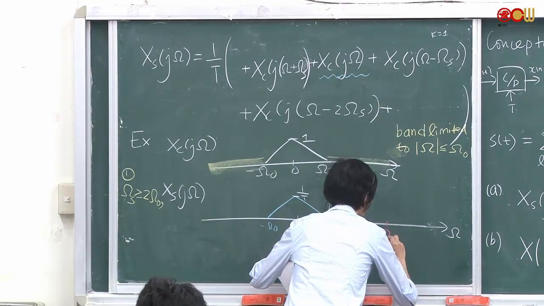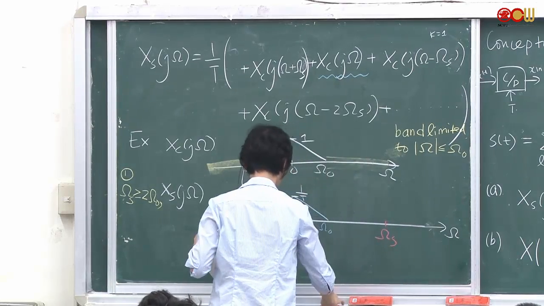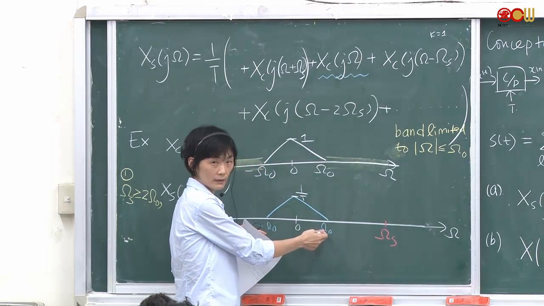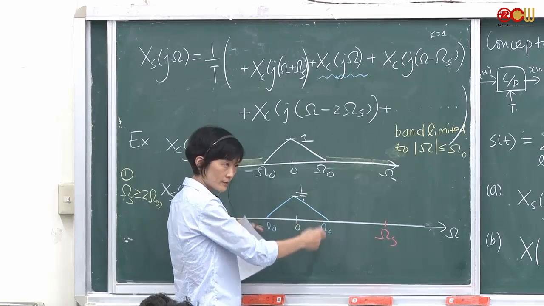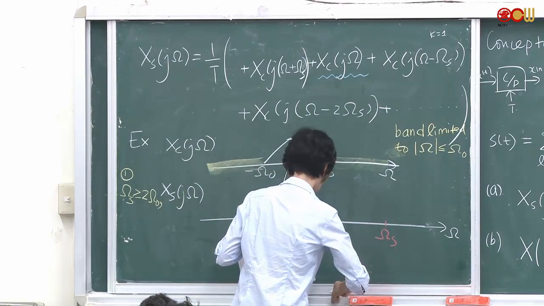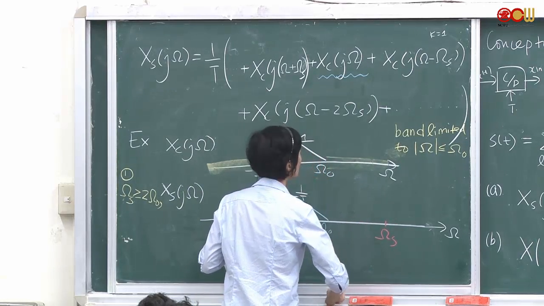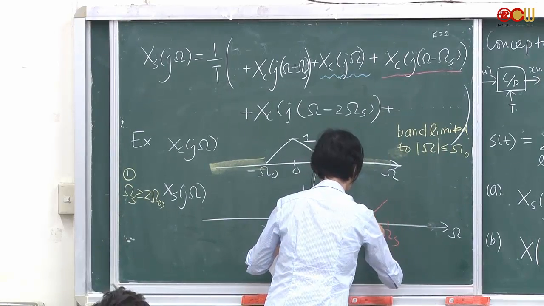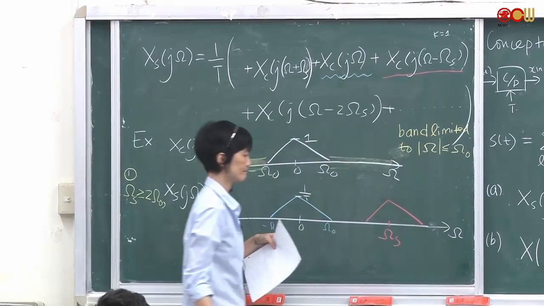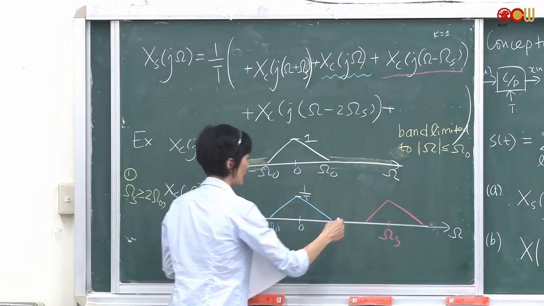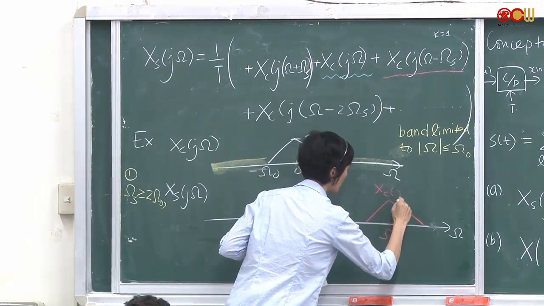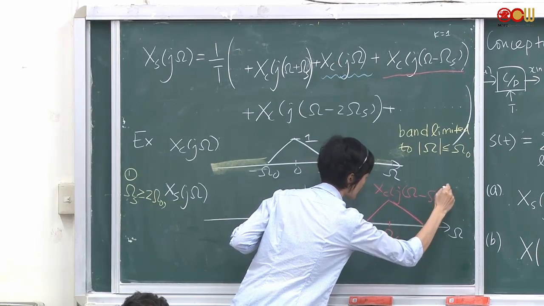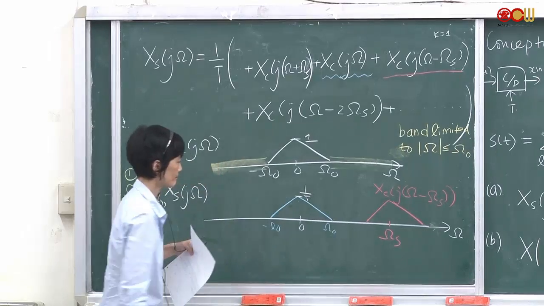Because it's larger than 2 times ω_0, larger than this width, this copy is right here, and this is X_c(j(ω − ω_s)).